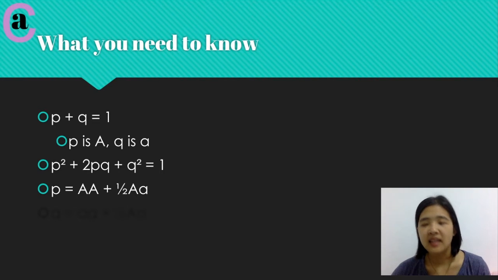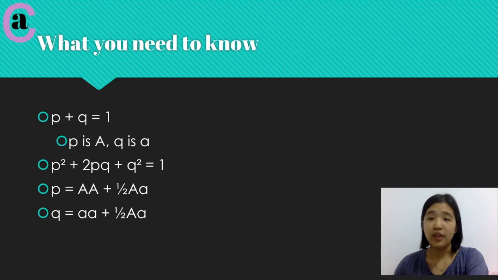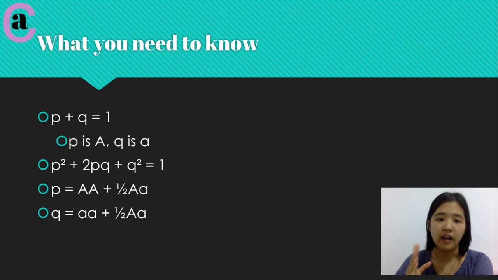Big A is the number of people who are homozygous dominant, and 1/2 of big A, little a is the number of people who have the dominant allele but are carriers and therefore heterozygous. And then the opposite is true for the q allele. The number of q alleles that you have is going to be the number of little a's, and then half of the number of big A, little a heterozygotes.